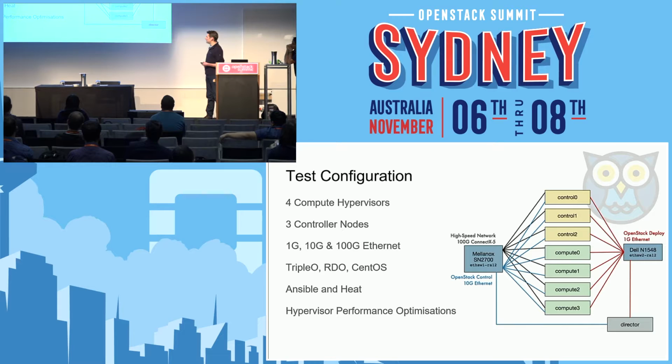We built a TripleO, RDO, and CentOS configuration, and then changed some of the environment and manipulated the state of the hypervisor networking in those environment settings, so that we created 5 branches on our software-defined infrastructure code repo, each developed a little in a different direction to give us the different network configurations.